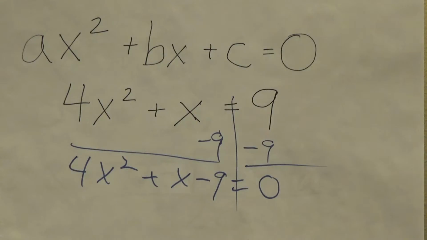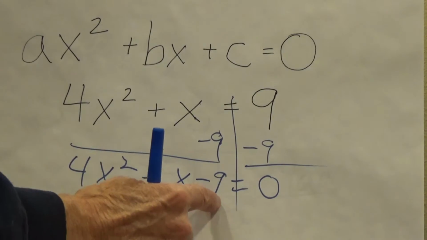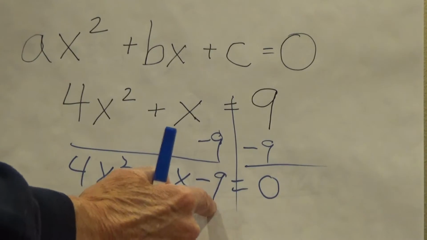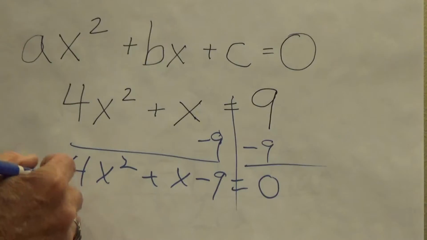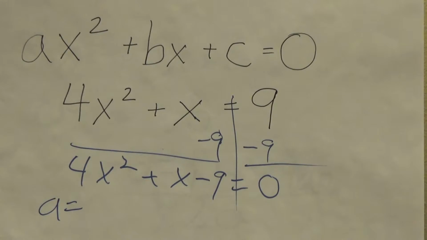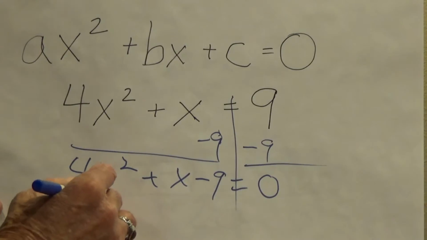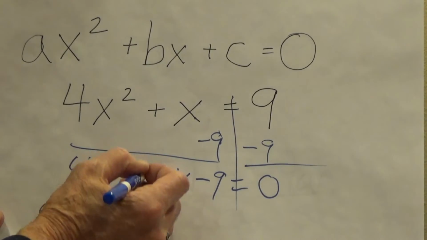Now we have the correct form. The second power of x, the first power of x, and the 0 power, or the constant term, equal to 0. We have to identify A, B, and C now. What is A? What is B? Aha! This is a plus sign.